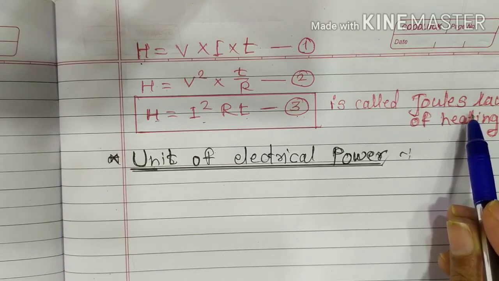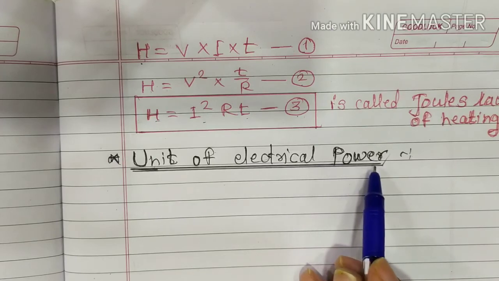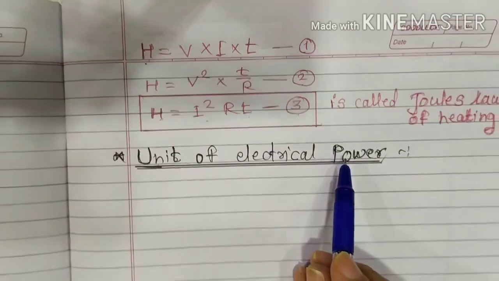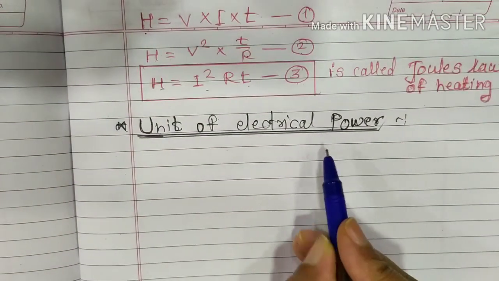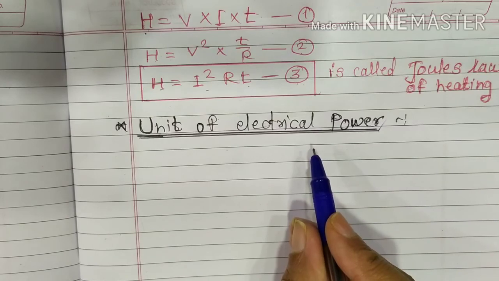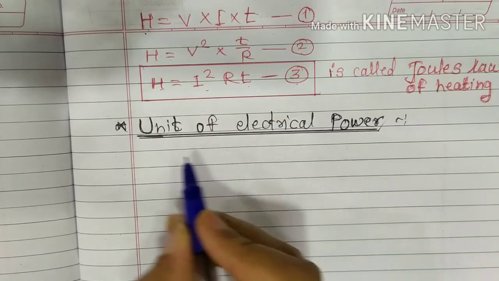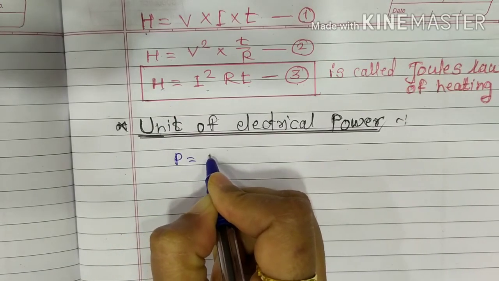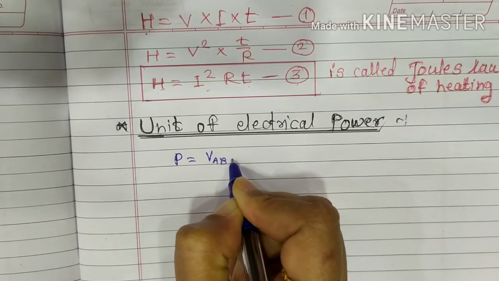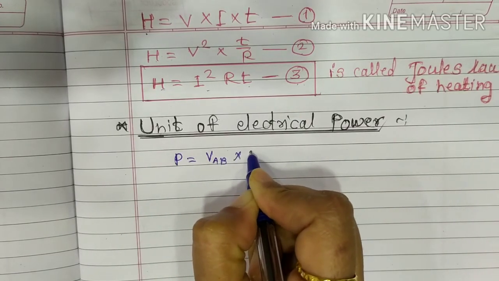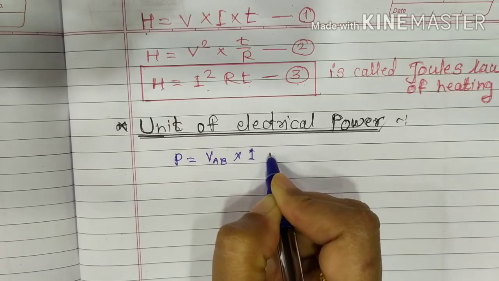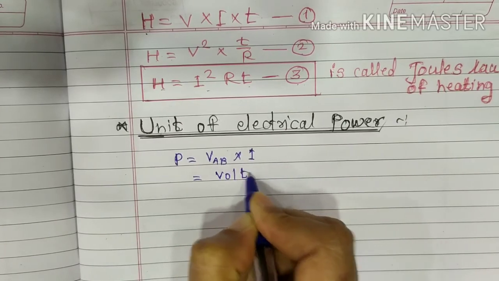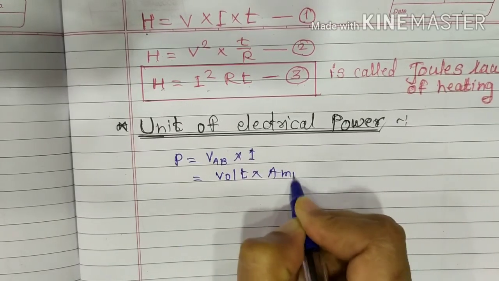Then next, the unit for electrical power. So let's find out the unit. Here, for electric power, the first formula, electric power P is equal to V across AB into I, that is the current, which is volt into ampere.